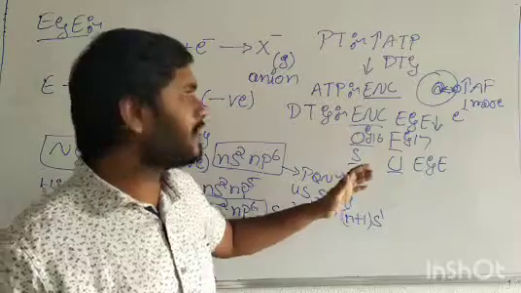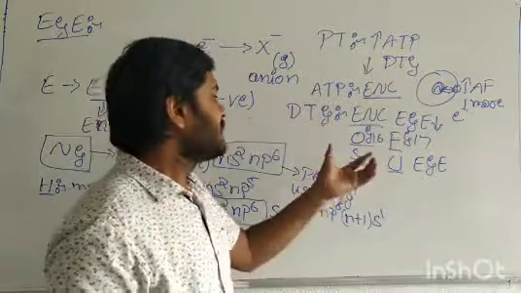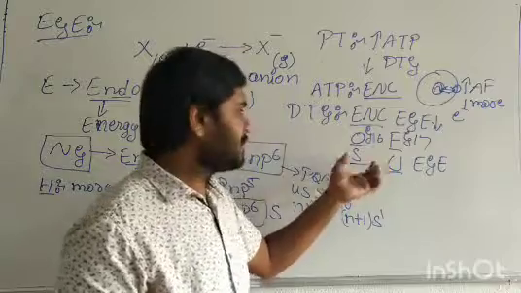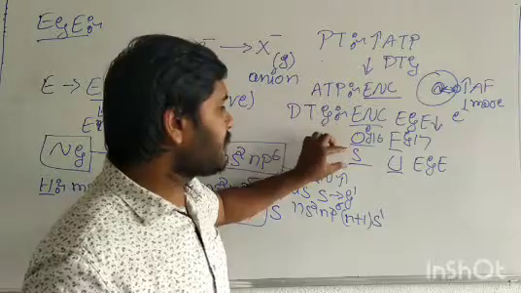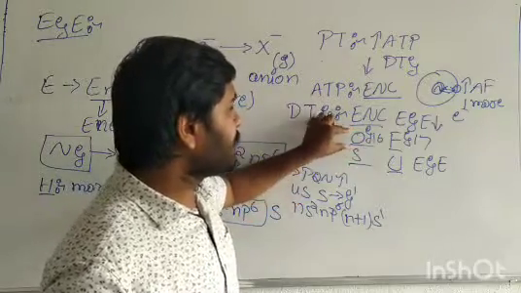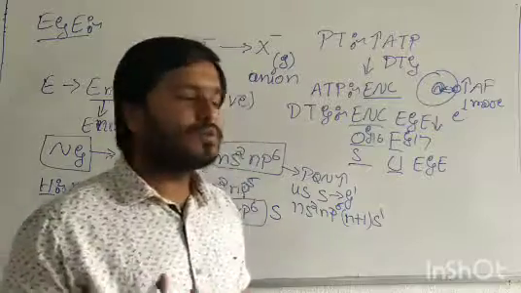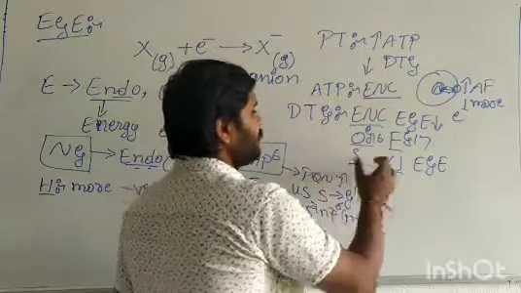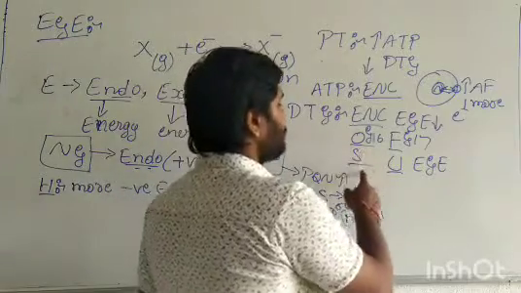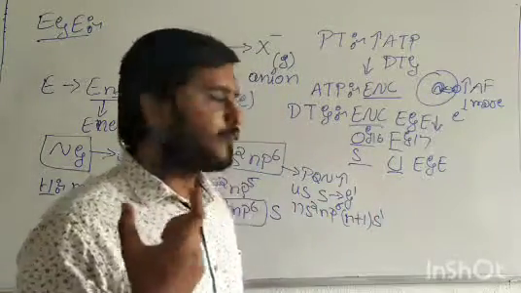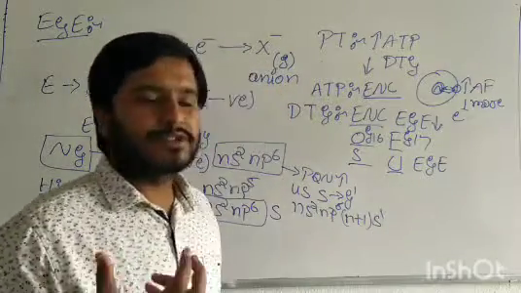According to the regular trend, electron gain enthalpy should decrease down the group, but in this series we find an increase for sulfur and chlorine compared to oxygen and fluorine. The reason is that oxygen and fluorine are the smallest atoms, right? Oxygen compared to sulfur is a smaller atom, and fluorine compared to chlorine is also a smaller atom.